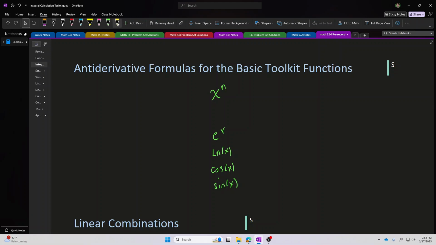And the same thing is true for integrals. It's very, very important for us to memorize the antiderivative formulas for these five basic functions, because those are the building blocks for the antiderivatives of all other functions. So for x to the power n, the antiderivative is found by increasing the exponent by 1 unit and then dividing by that increased exponent.